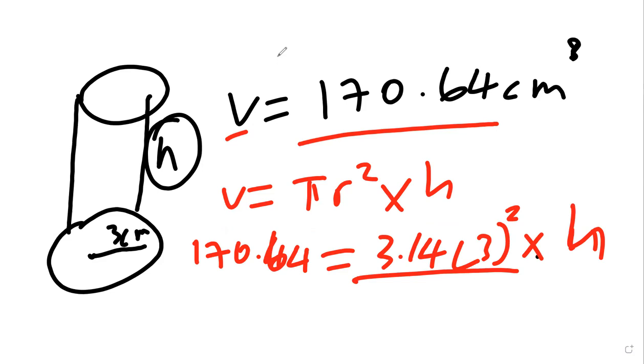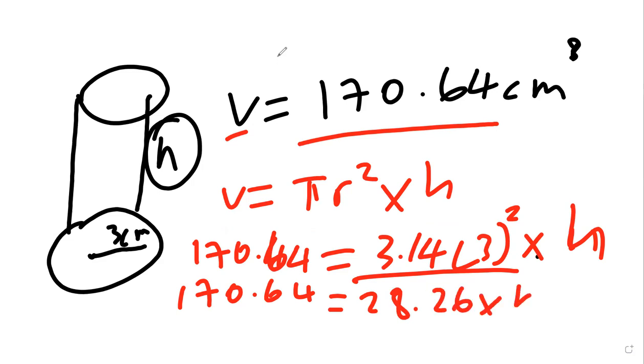Simplifying the right-hand side first, 3 raised to the power of 2 is 9, times pi gives me 28.26 times h. I need to divide both sides by 28.26.